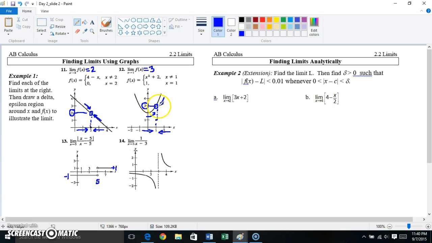We were approaching the same number, I should say. Okay? Here in this graph, the y value is approaching -1 from the left of 5, but +1 from the right of 5. So the left-hand limit is -1, but the right-hand limit is +1. The only time a limit can exist is if the left-hand limit and the right-hand limit are the same. So we're going to say this does not exist.